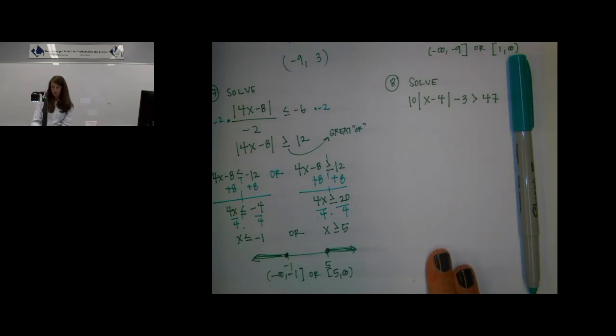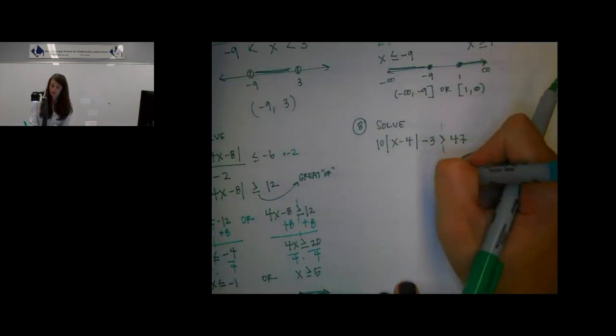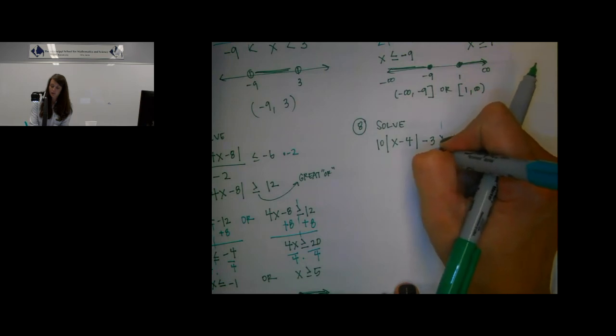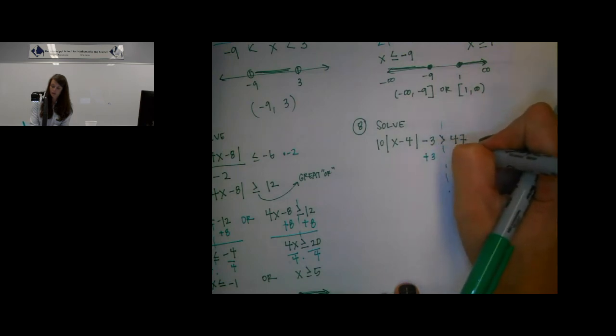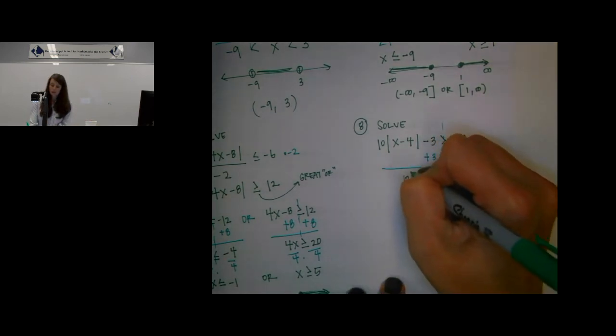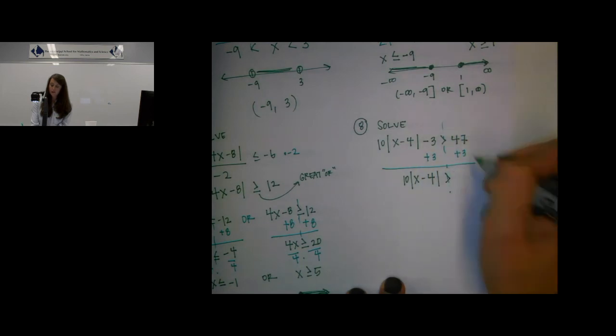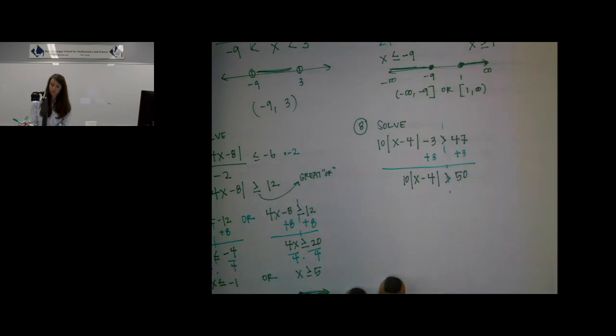Alright, so what about this one? Number 8. So number 8 had a few steps to get the absolute value by itself. First thing, add 3 to both sides. Add 3 to both sides, so you're going to get 10 times the absolute value of x minus 4, which is greater than 50.